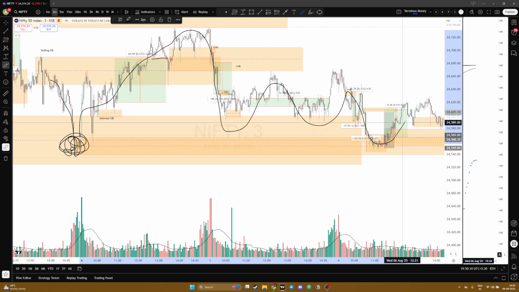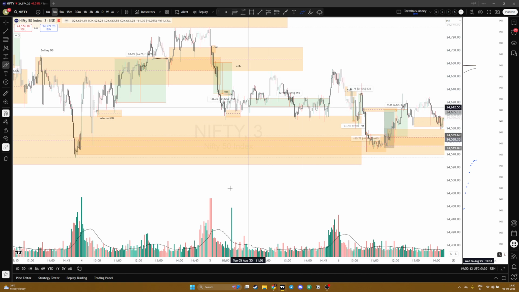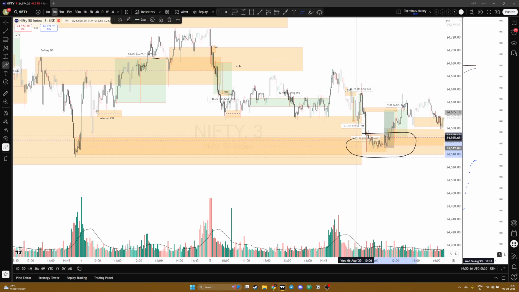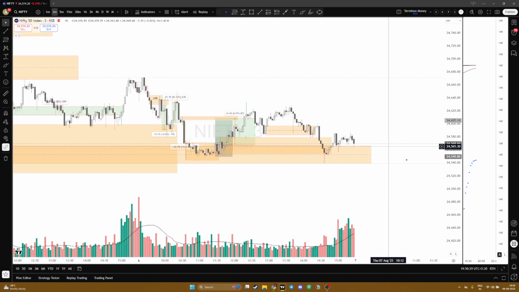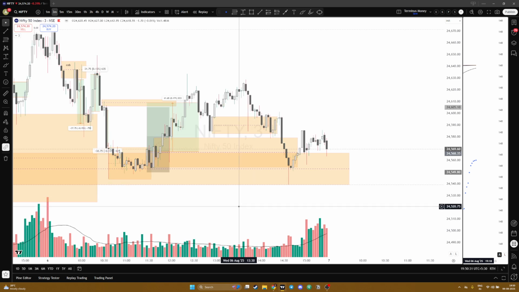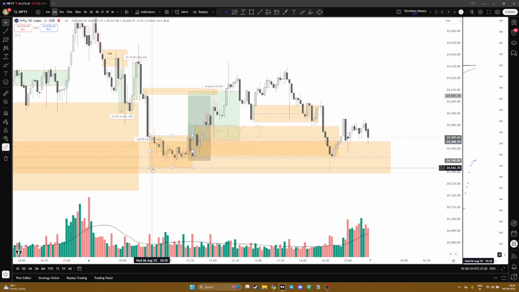So there were higher chances that if the price came around this level, this long side trade would be the most probable setup. This is what I observed during the day, and I took a trade right here when the price came down up to this level.